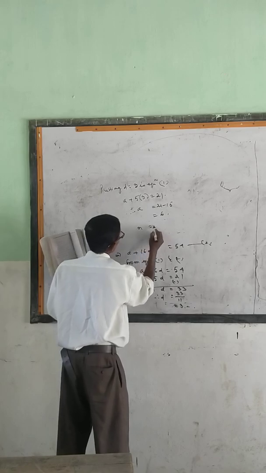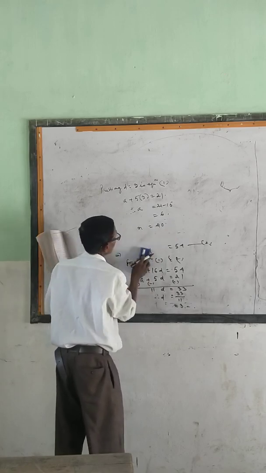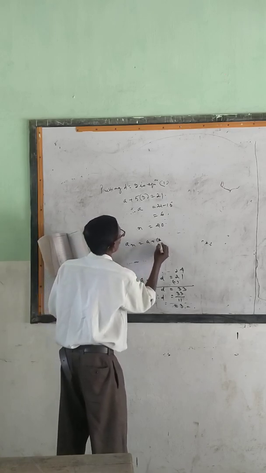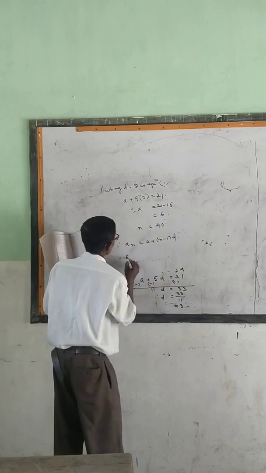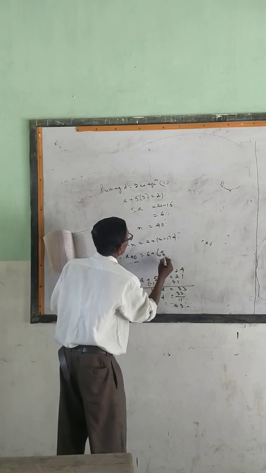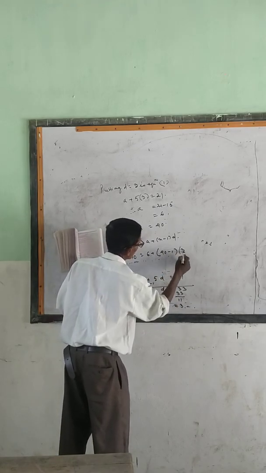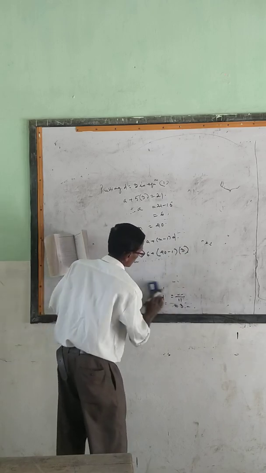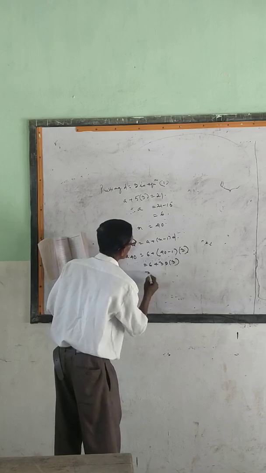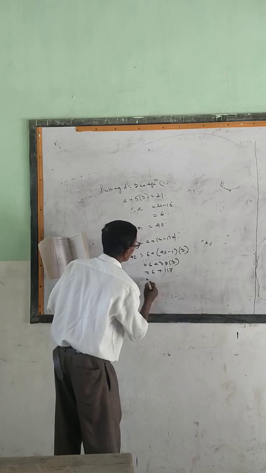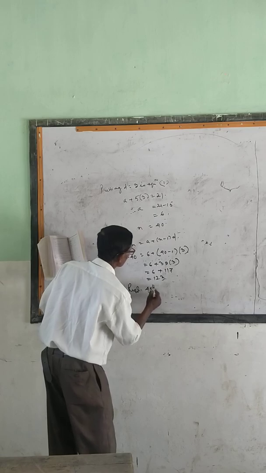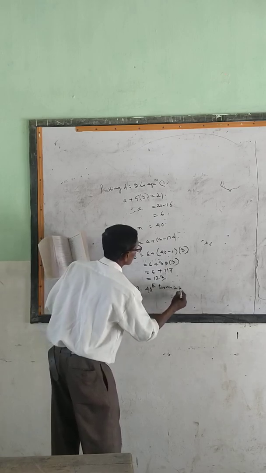So n will be 40, so A40. We know the formula: An equals A plus (n minus 1)D. So A40 will be 6, plus 40 minus 1 is 39, times D which is 3. This equals 6 plus 39 times 3, which is 6 plus 117 equals 123. The required 40th term equals 123.